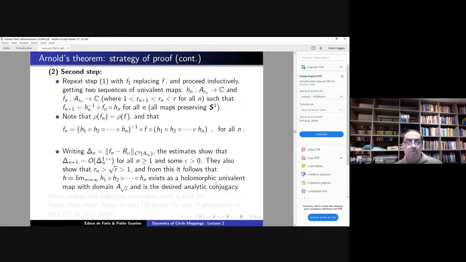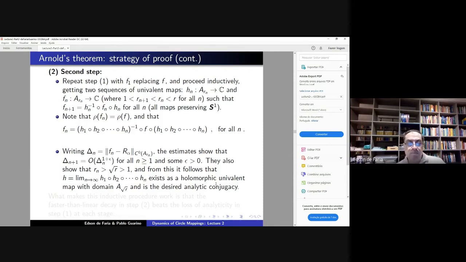The error that is committed is actually a 1 plus epsilon power of the previous error. So the errors are going down faster than linearly. And the estimates also show that you lose this analyticity, but you don't lose it completely. These R sub n's, these widths of the annuli, shrink, but they don't shrink to 0.